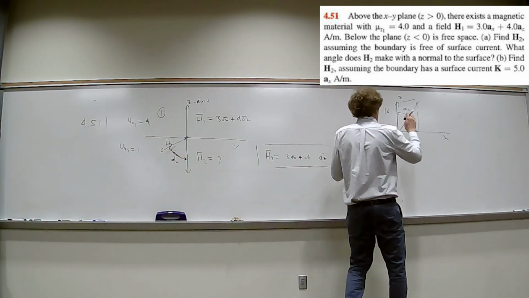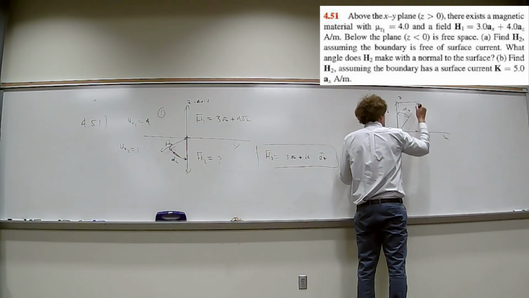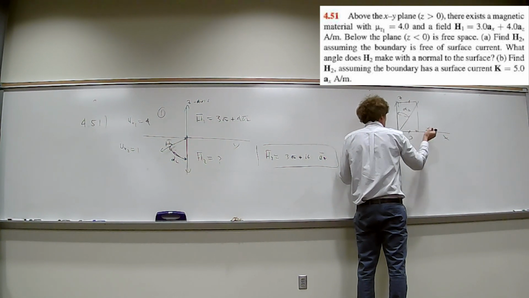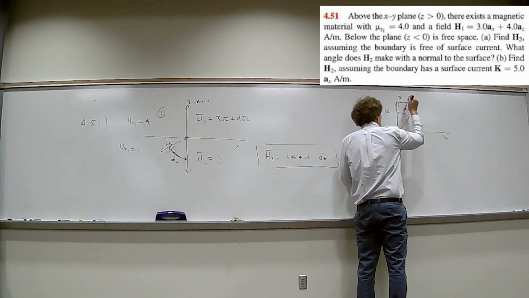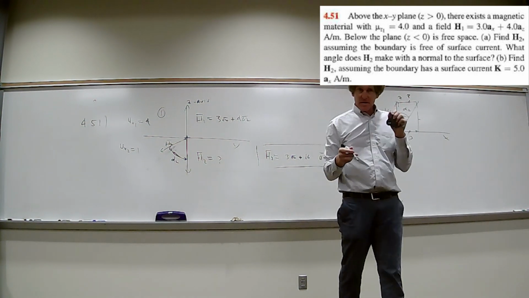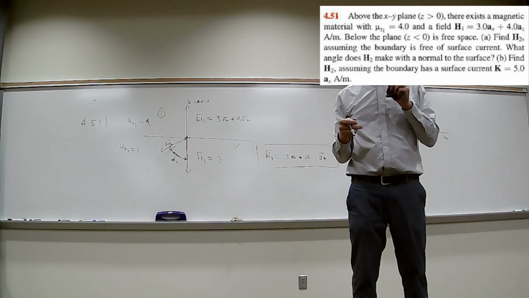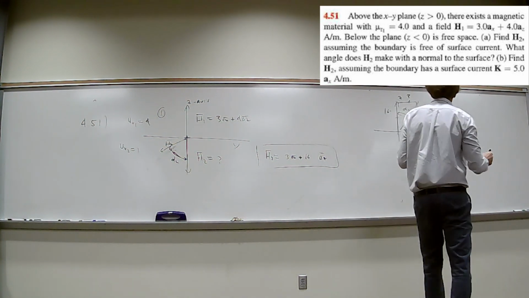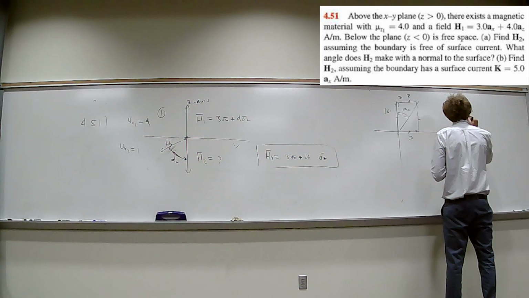I'm trying to show you that this and this are the same, right? This and this are the same. What do you have? Opposite, right? Over, what is that? Tangent. Tangent, right. So the tangent of what?